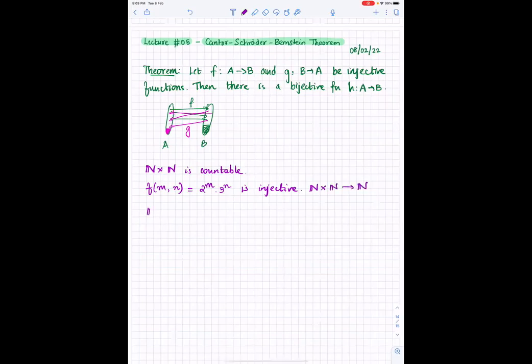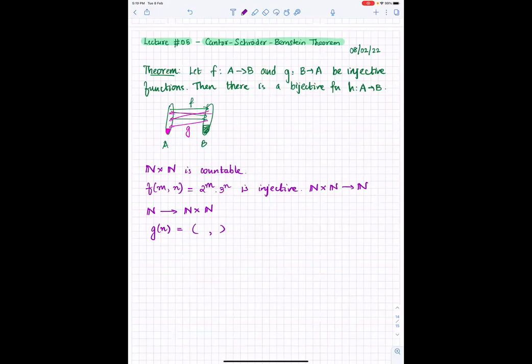Now, can someone try to define an injective function from N to N cross N, the most straightforward way, g, which takes in n? One thing could be quotient and remainder with respect to some integer. Not even that.